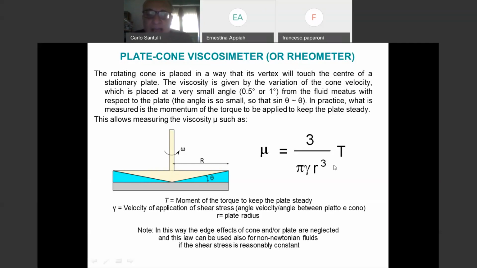Therefore, I can measure the viscosity in this way. This is the velocity of application of shear stress. Remember that when I want to make something flow, I apply a shear stress, and from that I measure the viscosity. The higher the shear stress I need to apply to make it flow, the higher the viscosity.